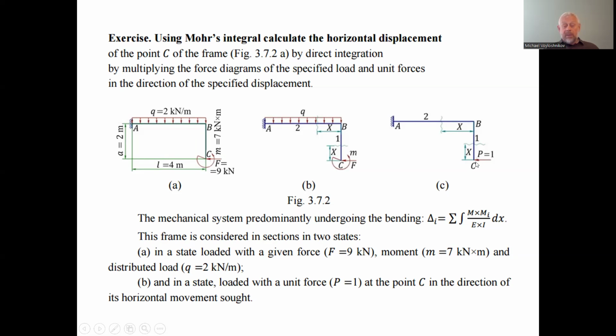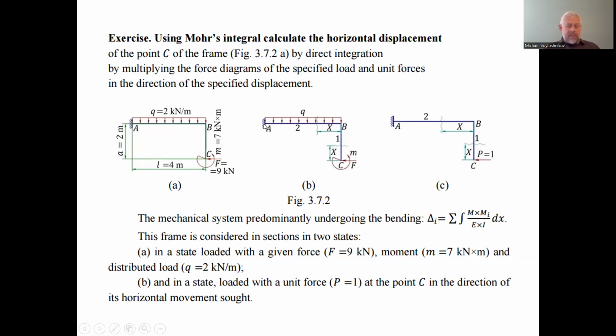We assume that a unit force is applied to the point C, directed leftward. So we can go from the right, point C, to the left, to B and to A. This is a little bit easier because we do not have to find the support actions at the point.